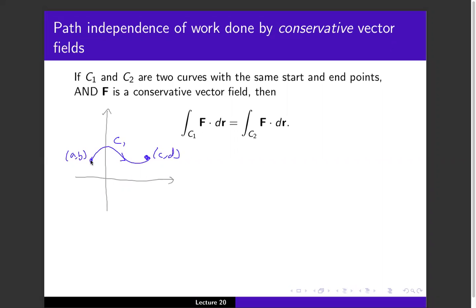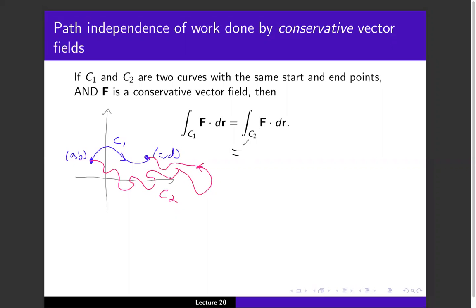But meanwhile, if you have some other crazy curve doing some other god-awful thing, but it's going in the same direction with the same endpoints, no matter what happens, it's still going to be the same. So if that's C1, this is C2, the endpoints are the same in this case. No matter what your vector field is, your vector field has to be conservative.